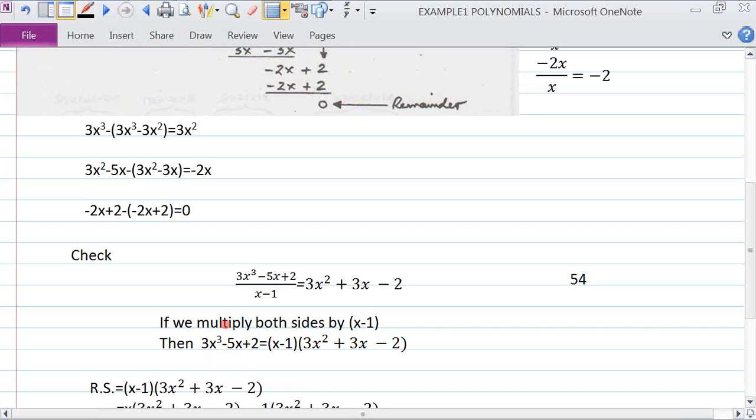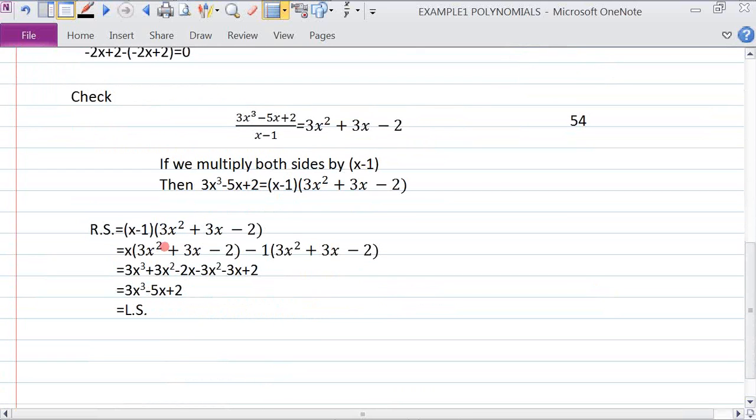So the left side, when I multiply it by x minus 1, gives me this, and the right side gives me this. Because the right side is more complicated, I'm going to take it, and I'm going to multiply x times all of this bracket, which is this, right here.